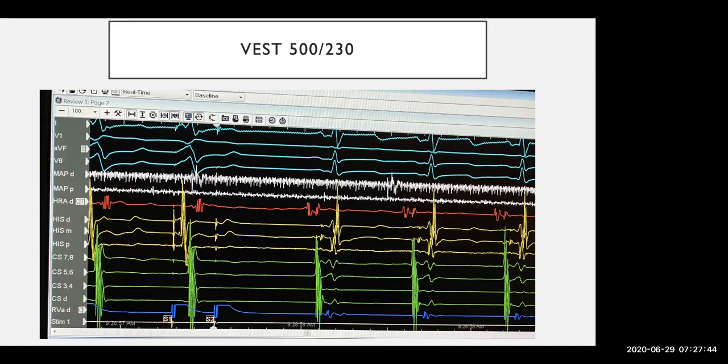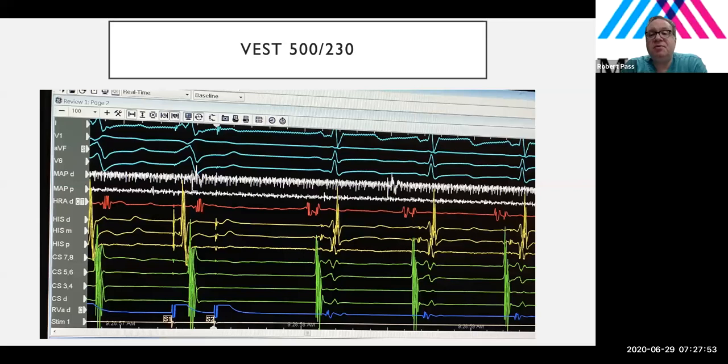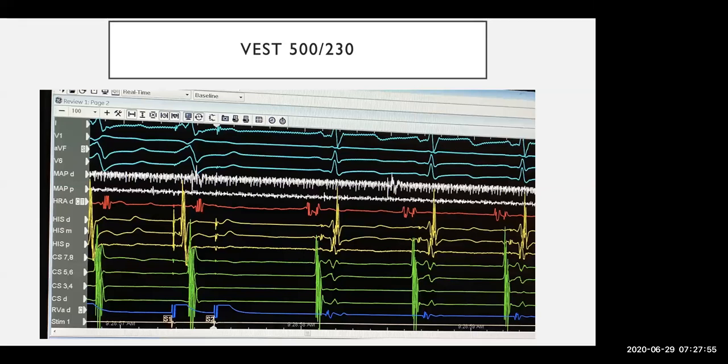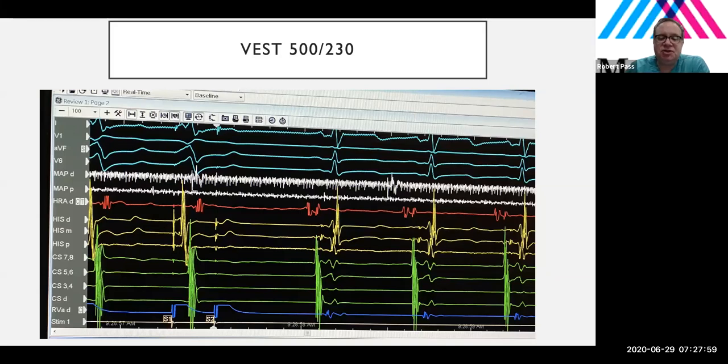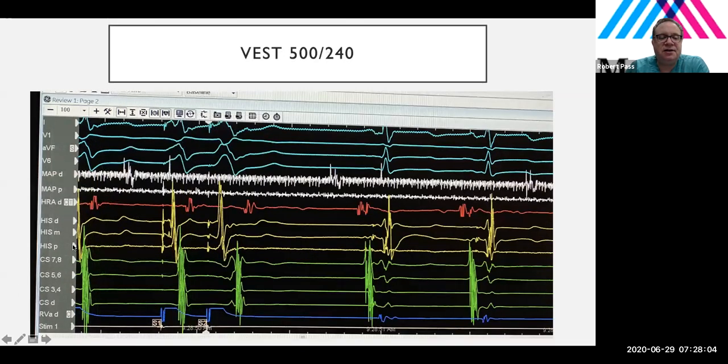So the V to A interval, the one which will conduct earliest, would be indicative of the pathway. That's right. But the problem in this particular case is that when we pace the right ventricle, we don't actually demonstrate the pathway, right? Because this is the pattern that we're seeing when we pace the ventricle, which is this non-eccentric pathway.